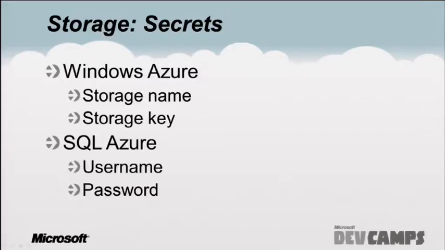From a website, it's reasonably safe because your website is deployed in a data center and any configuration you have is hosted there. But once you start dealing with devices, you may be inclined to put some of these storage secrets, like your SQL Azure username and password or your storage account name or storage account key, on the device.